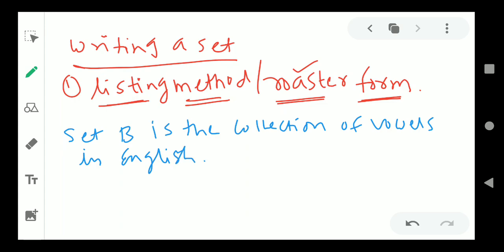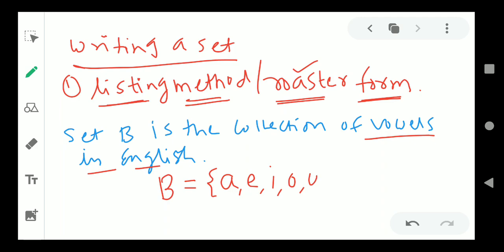We know in English there are 5 vowels called A, E, I, O, U. As the name of the set given to us is B, we write here B, capital letter, then starting curly bracket, and we have to write the set of vowels in English. So these vowels are A, E, I, O, U. Here you can see A, E, I, O, U are the elements of the given set B which fulfill our given condition.